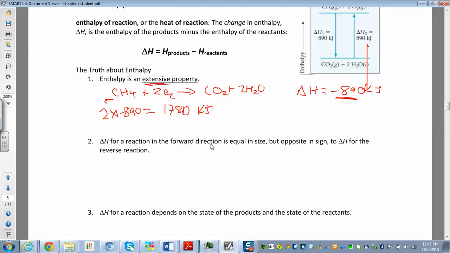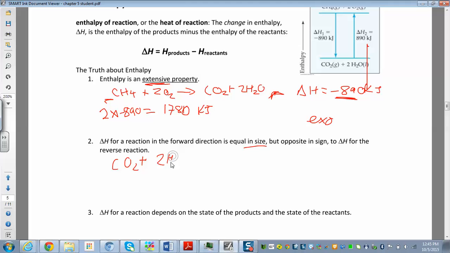Delta H for a reaction in the forward direction is equal in size but opposite in sign. This is just saying that if it's endothermic in one direction, it's exothermic in the other. So let's look at this reaction again. If I flip this around, and this is exothermic, right, this is exo. If I flip this reaction around, I made the products reactants and the reactants products. So carbon dioxide and water were products over there.